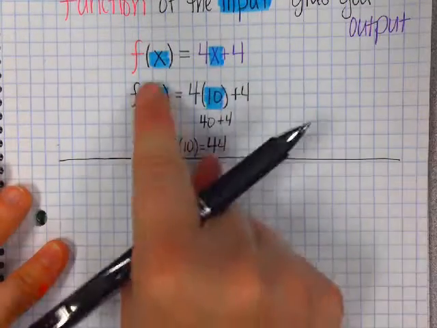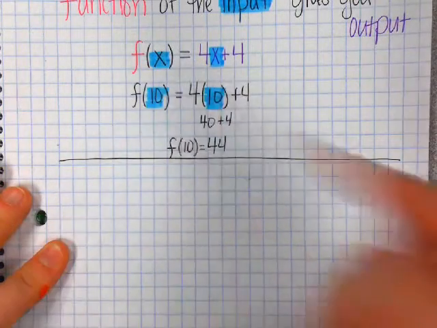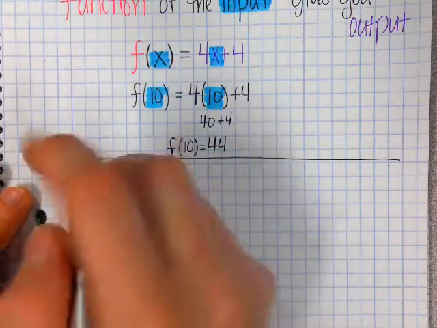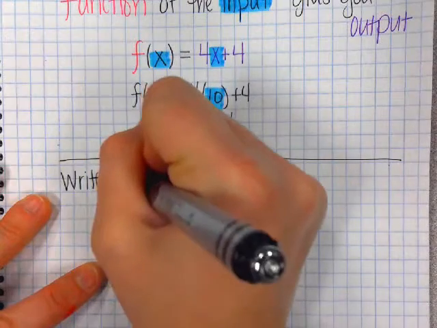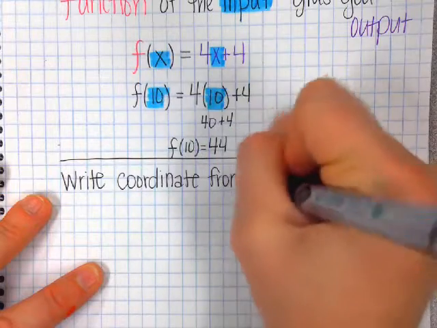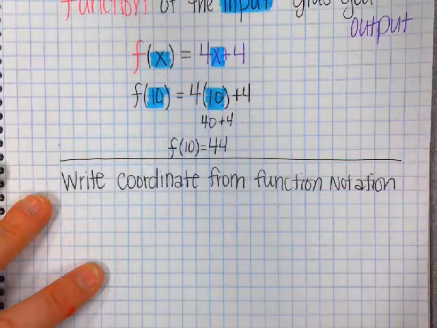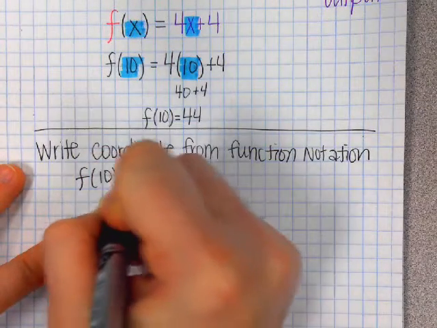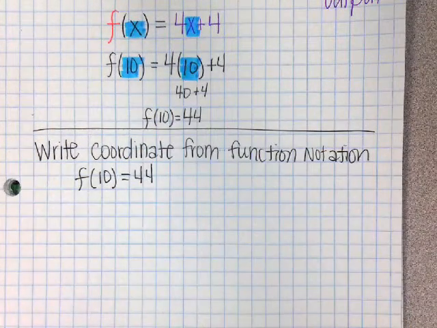Now, f of x, or function of x, that's how you read it. So when you write coordinates from function notation, if I said f of 10 equals 44, I'm just taking this and writing it as a coordinate.